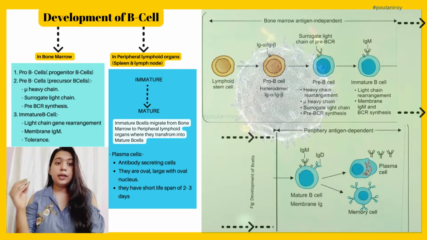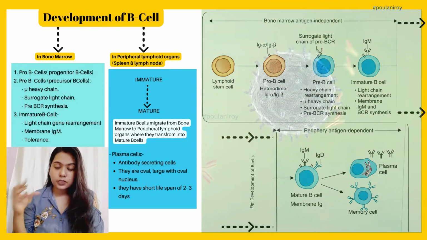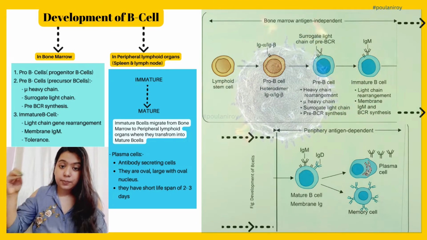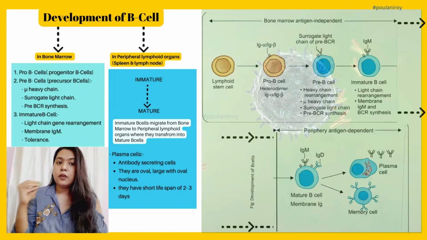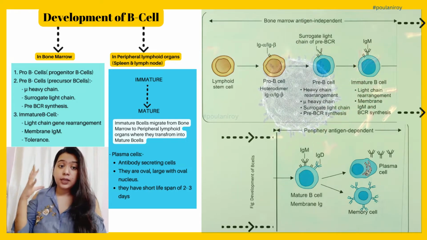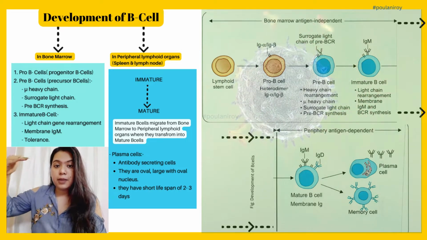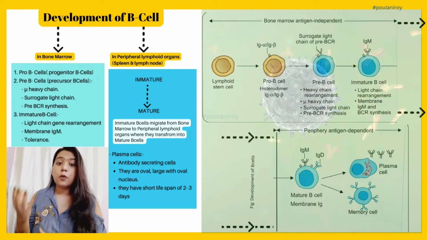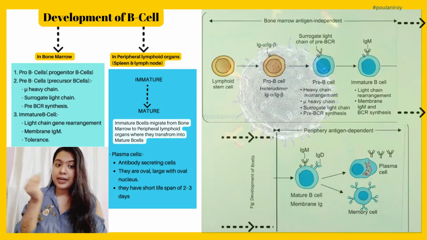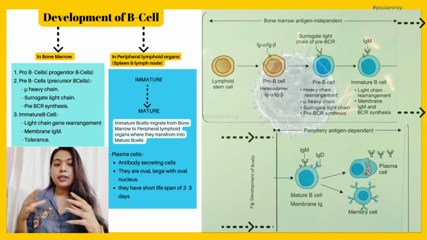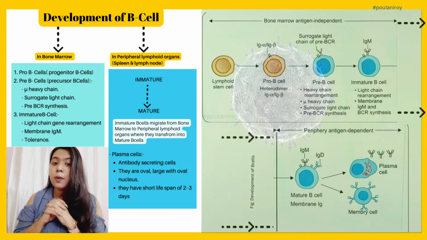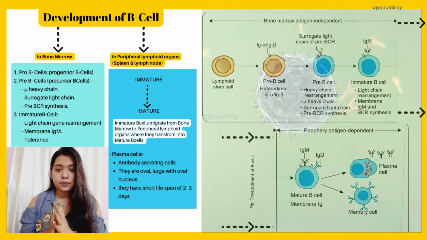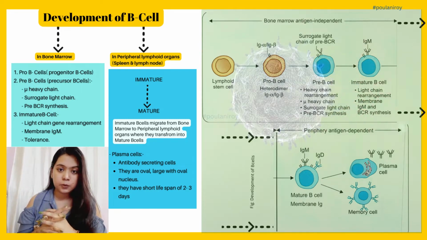Now see guys, in peripheral lymphoid organs, meaning the organs around the bone marrow, like your spleen and lymphoid organs, it will convert from the immature to the mature one. The immature B cell will migrate from the bone marrow to the peripheral lymphoid organ, where it transforms into a mature B cell. This is a very significant point, and I hope you all have an idea about this too.